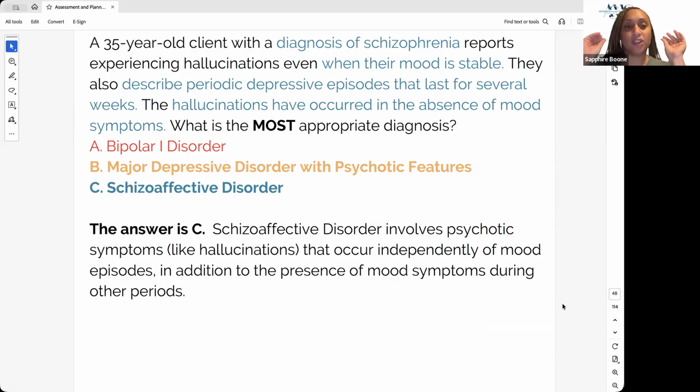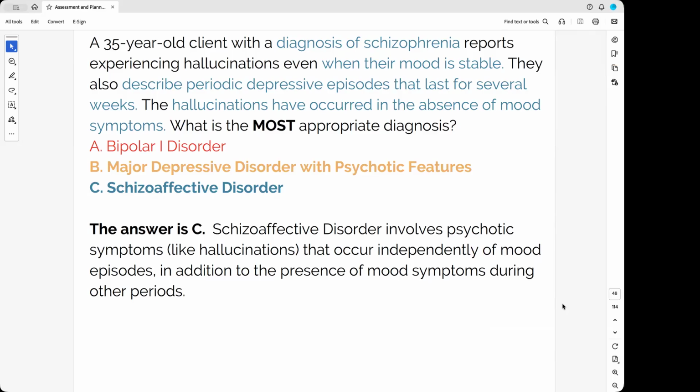So you're going to have major depressive disorder, that depressive episode is going to stay, but the psychotic features are going to come in and out. With schizoaffective disorder, the schizophrenia stays and the mood comes in and out. Right? Does that make sense?